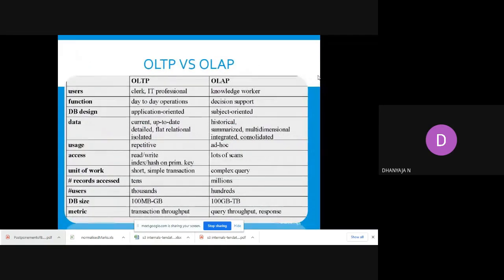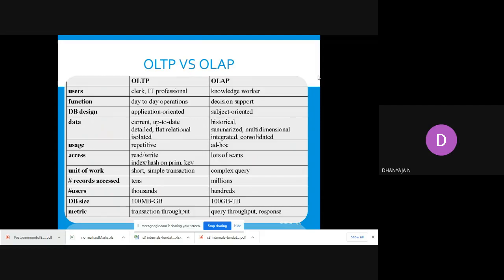The difference between OLAP and OLTP: here, users function as, and next is OLTP and OLAP. OLTP is online transaction processing.